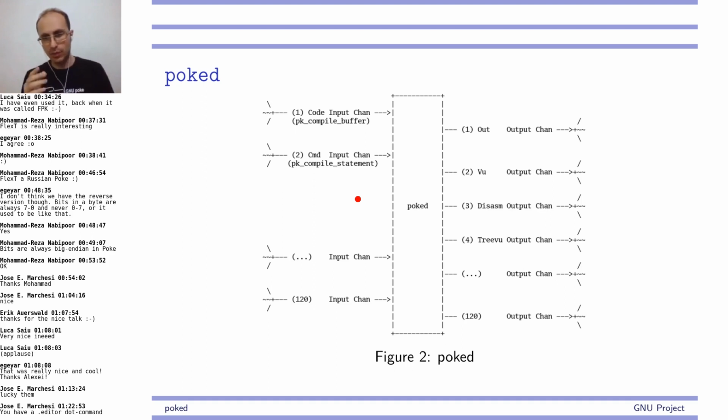It can be any code, so we call it code input. And the other one is command input, channel number 2, which whatever a client writes to that channel will be compiled with the compile statement function.